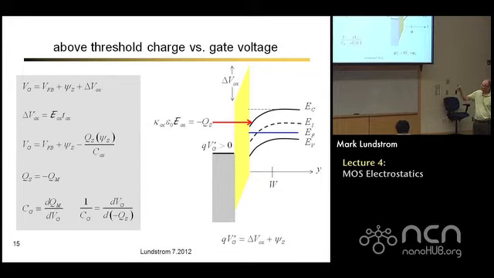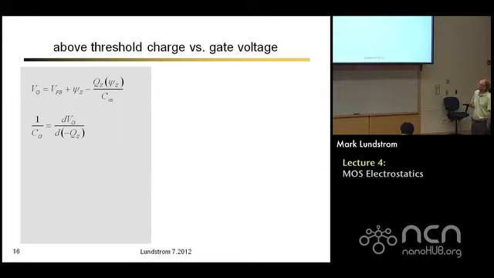And now instead of the derivative with respect to Qm, I'll do a derivative with respect to minus the charge in the semiconductor, because they're the same thing, and I know the charge in the semiconductor. So let's do that. If I differentiate the first equation, I'll get d psi s, d charge in the semiconductor, and when I differentiate the second term, I'll just get 1 over C ox.